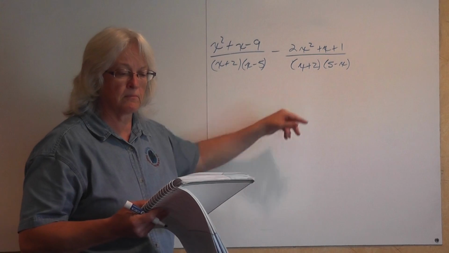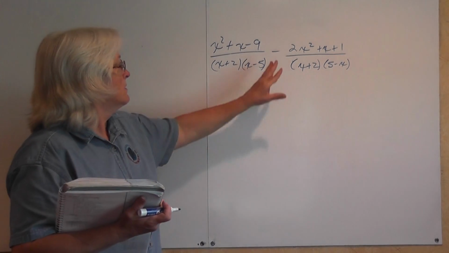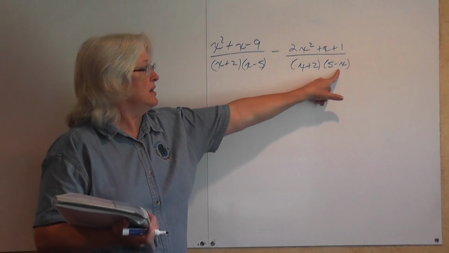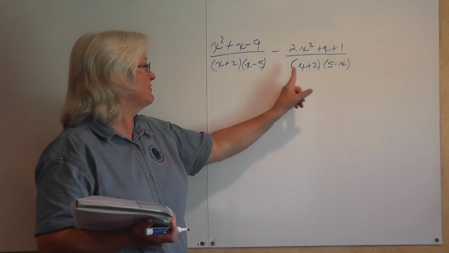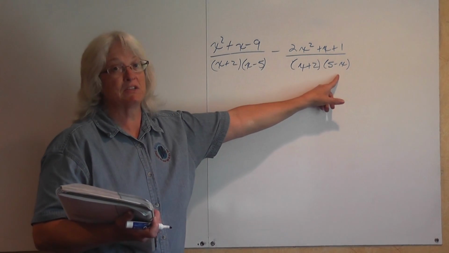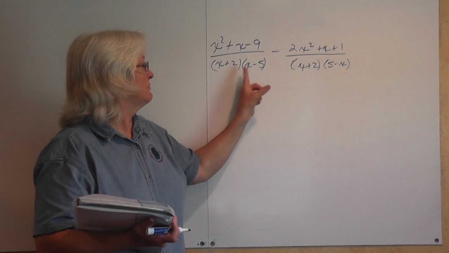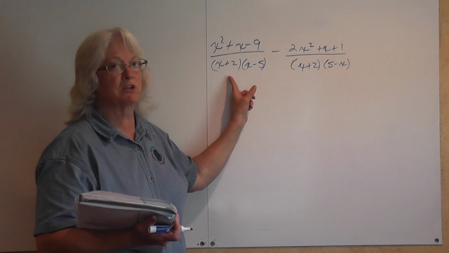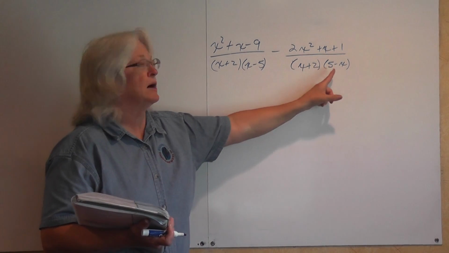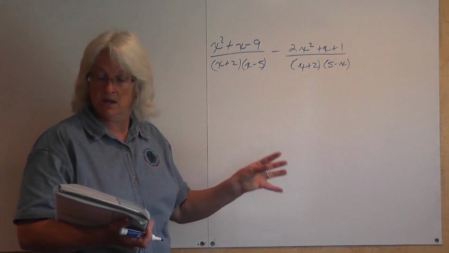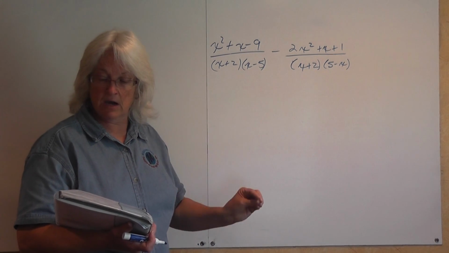Okay. If we change this factor here, so we have a common factor, we have two common factors here. We have x plus 2. We have x minus 5 and 5 minus x. And that's the opposite.